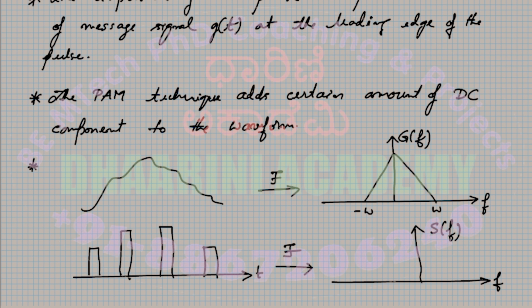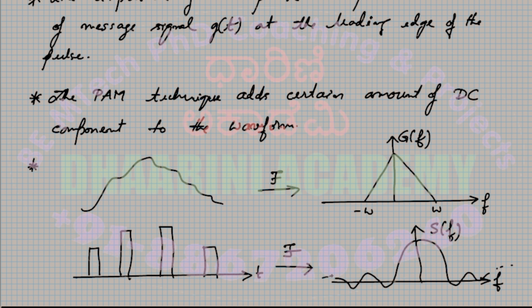So sinc has infinite bandwidth. It starts from here, goes like this, and goes all the way till infinity. Again, I'm writing only the Fourier representation of one pulse. You have multiple pulses, and a pulse getting shifted means you multiply by an exponential signal, so it actually becomes wider, all the way from minus infinity to plus infinity.